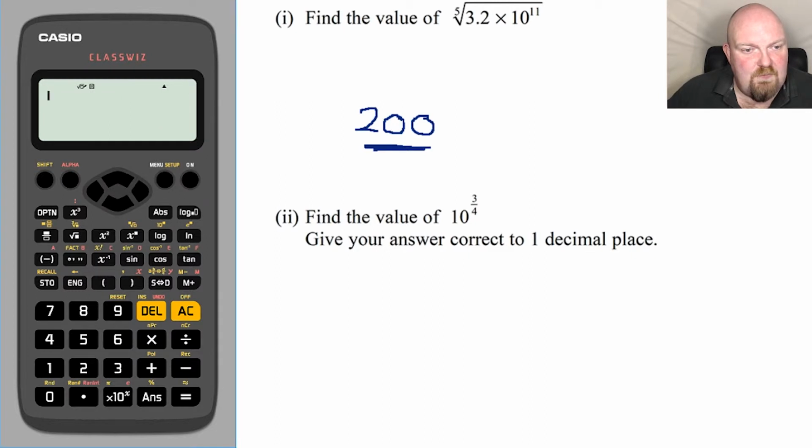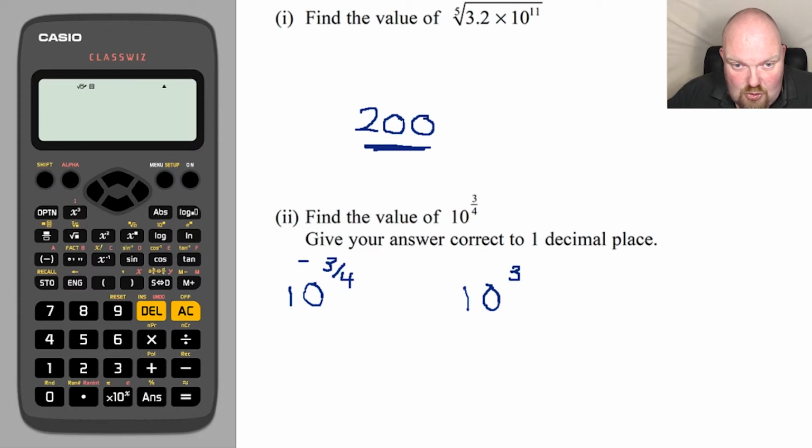Now, part two. Part two again can be done on the calculator. Okay, and it is a calculator question. However, I just want to spend just a moment reminding you of some of the key skills to do with indices. Now, you'll see we've got 10 to the power 3 over 4. Now, what this means is that I'm looking at 10 to the power 3, or 10 cubed.